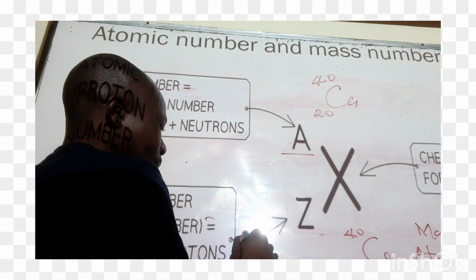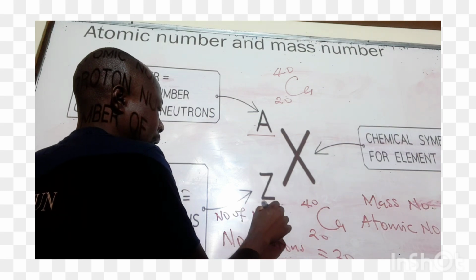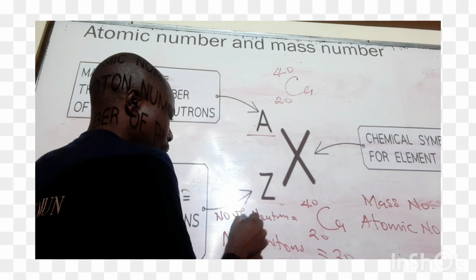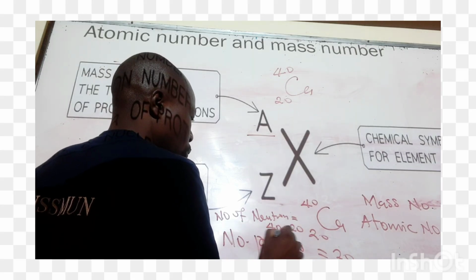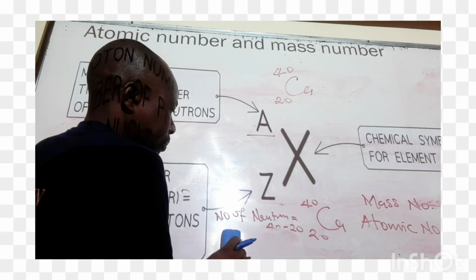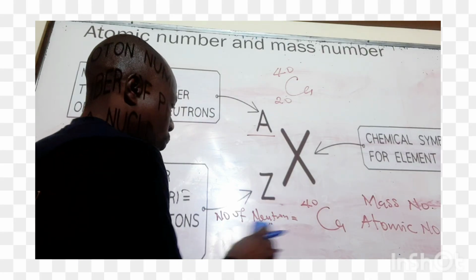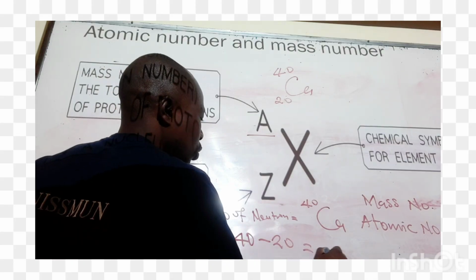Now, the number of neutrons in this atom is equal to 40 minus 20, which will give us 20.